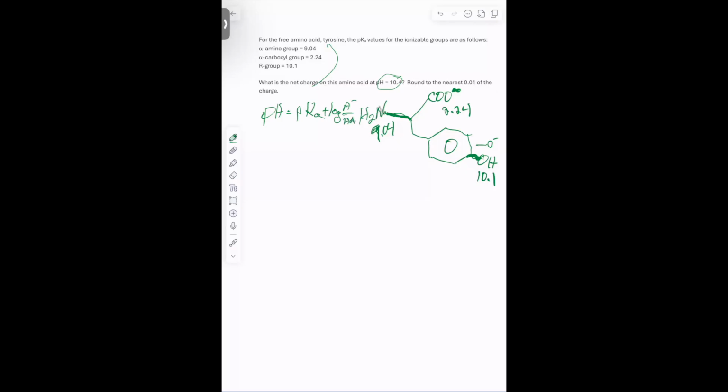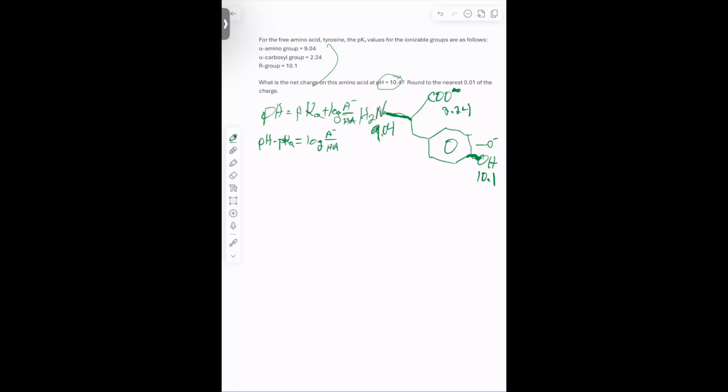And we said the buffer region is pretty much where, if I take pH minus pKa, I make that equal to the log of A minus over HA.